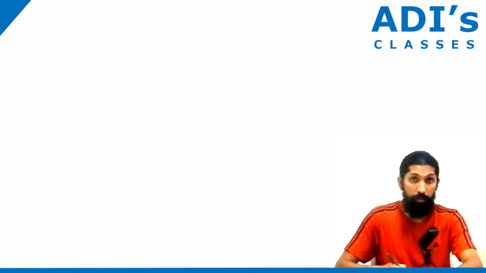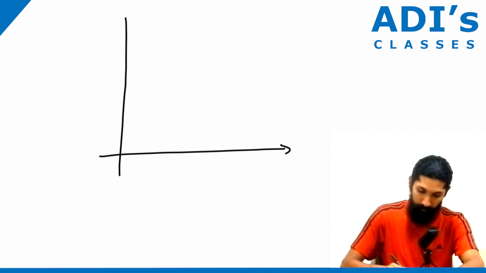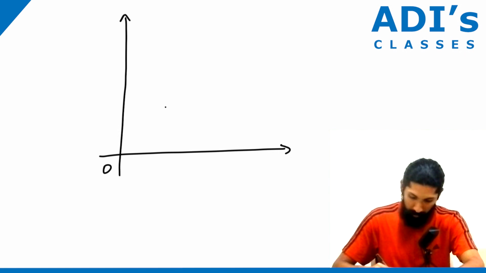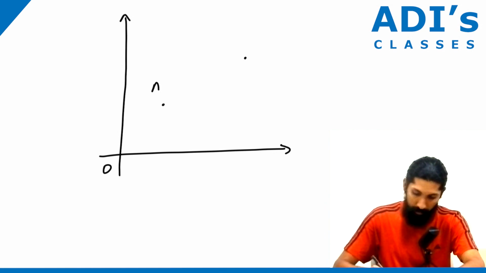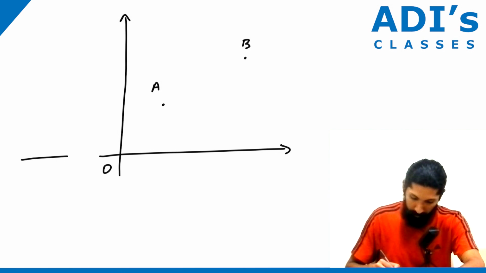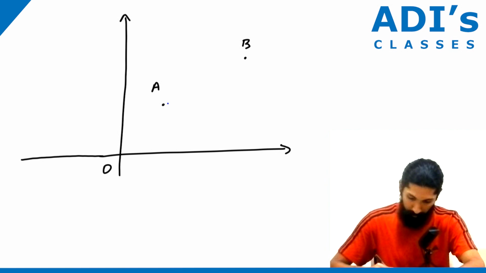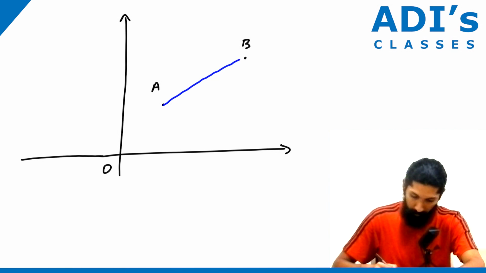Now let's assume that we have two points in the Cartesian plane. Fair enough. Let's assume that we have the x-axis and y-axis here. Say we have two points, this is A, and this is B. Now suppose I join AB and extend this backwards.